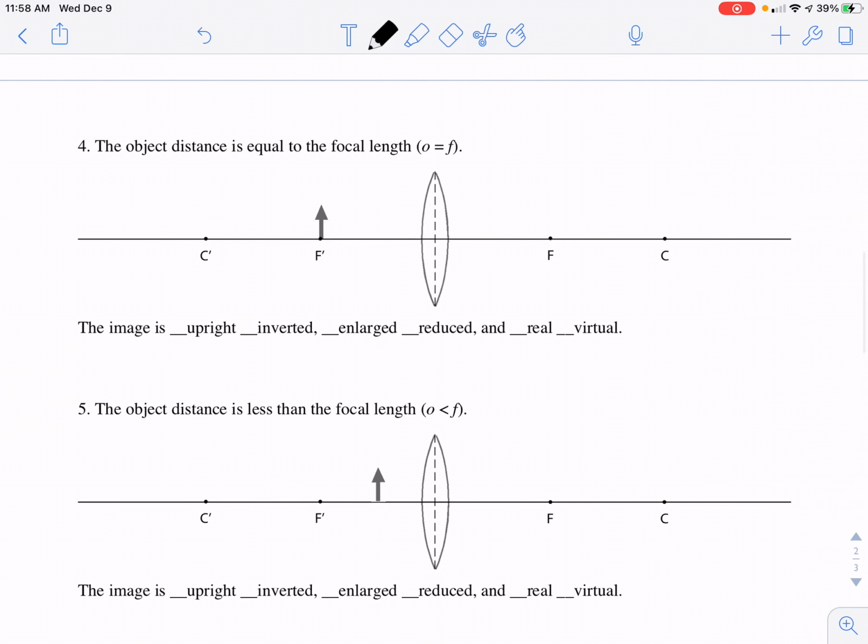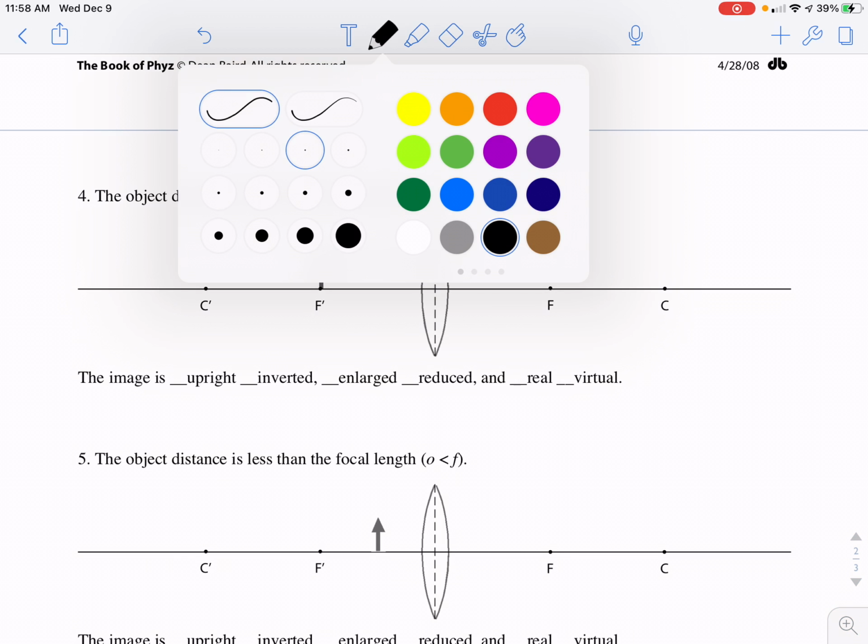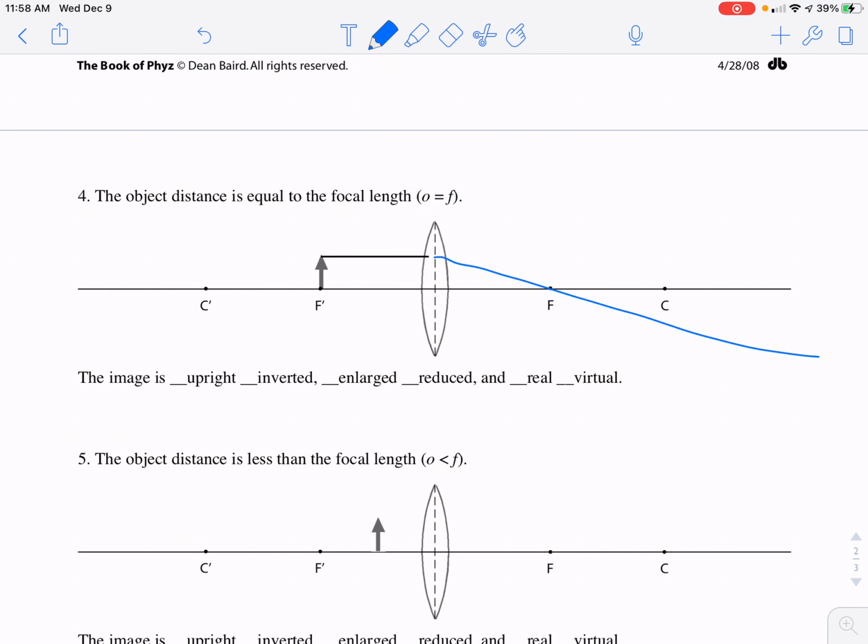In example number 4, the object has been placed at the focal length. Let's see what happens. We're going to go parallel to the principal axis, and we're going to refract through the far side focal point. There we are.